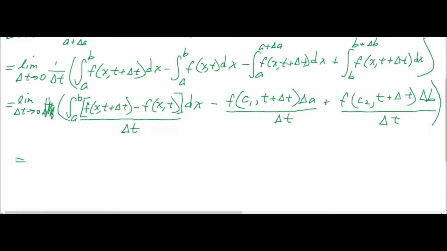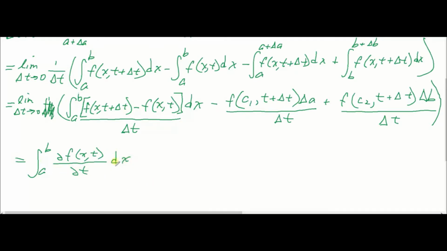So this first term here, all of that, if we take delta t to 0, well, that's just the derivative with respect to t. And in this case, it would be a partial derivative. So inside the integral, we're going to have the partial with respect to t.